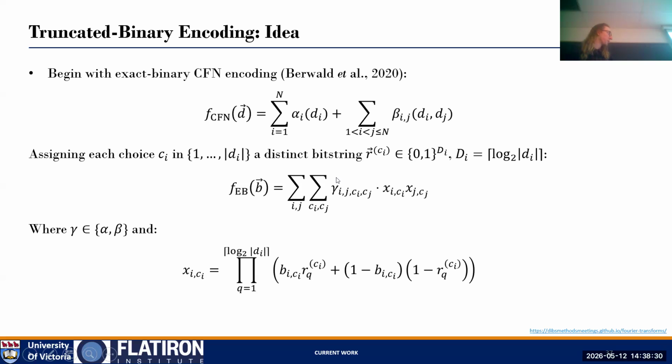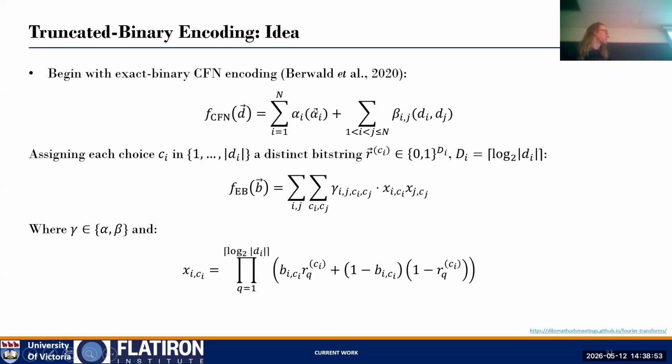we end up with this higher order binary optimization problem here, where the xi's and xj's are indicator functions given by these products, which evaluate to 1 when the bi's here match with the r's, and it's 0 otherwise.